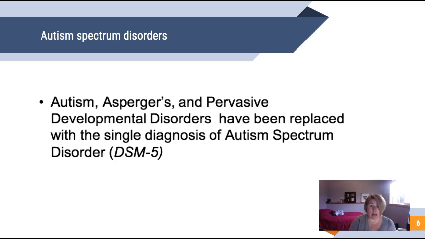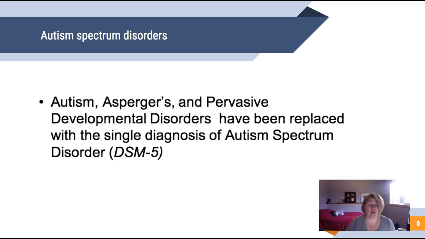You hear people talk about Asperger's, having a pervasive developmental disorder, and then just autism in general. And they took all those and put them under one umbrella, basically saying there is one diagnosis, and it is the autism spectrum disorder.